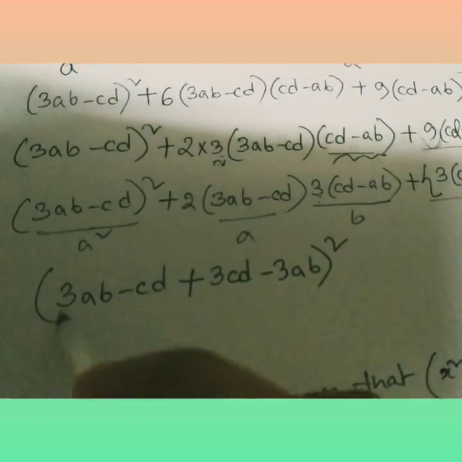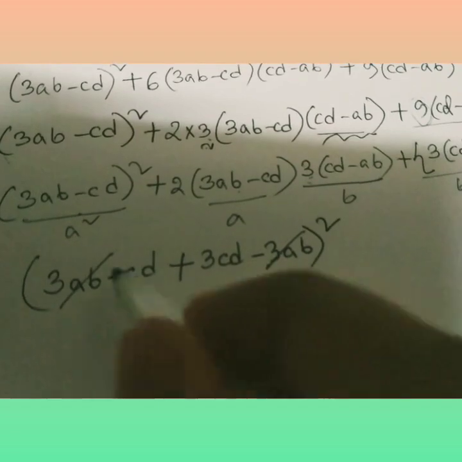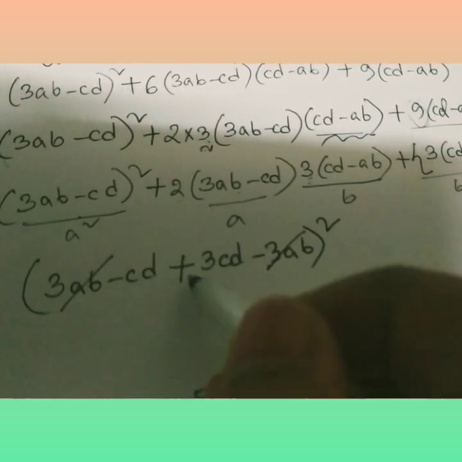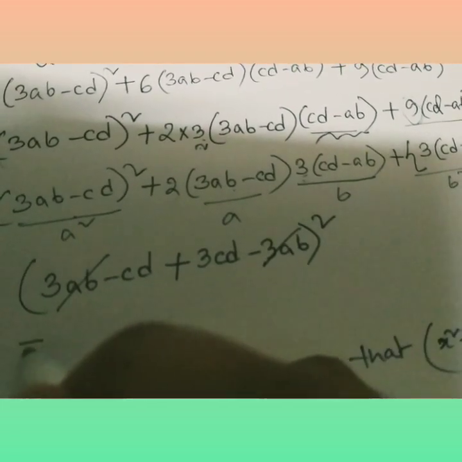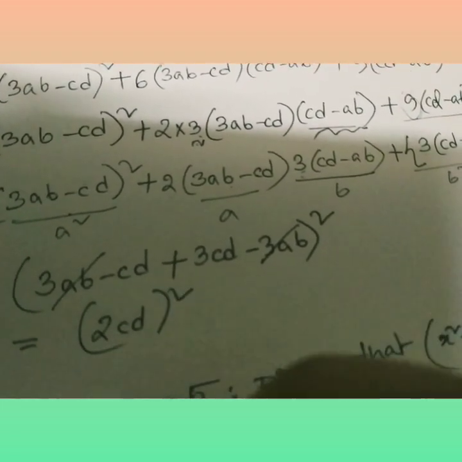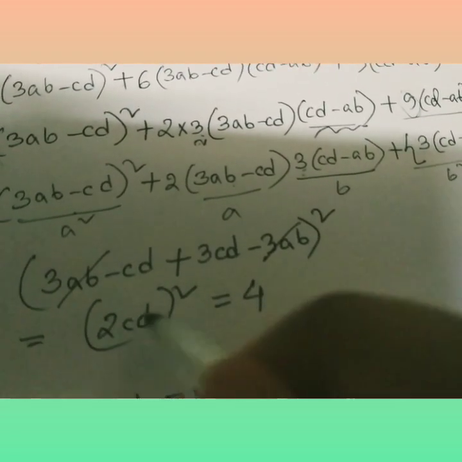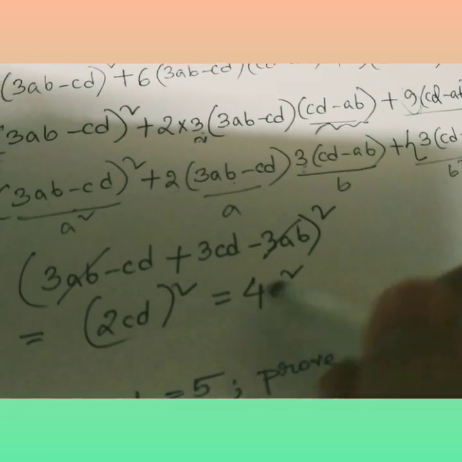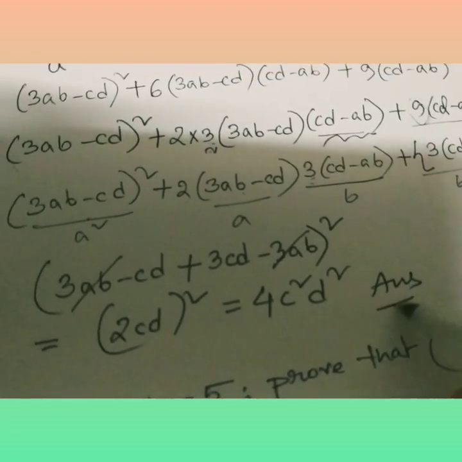Okay, so this is a, this is b. Now 3ab and minus 3ab cancel out. So what do we have? 3cd minus cd. So 3cd minus cd is what? 2cd. So (2cd) whole square. So (2cd) whole square means what? 2 square is 4, c square is c square, d square is d square. So this is my answer.